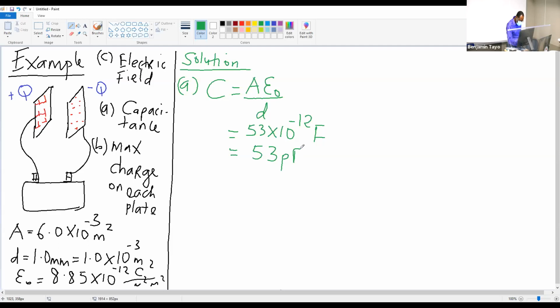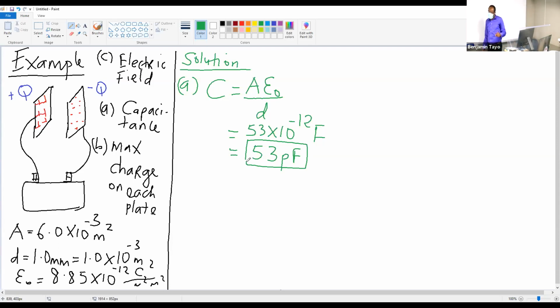PF is picofarads. So micro is 10 to the negative 6, nano is 10 to the negative 9, and pico is 10 to the negative 12. All right, so that's part A.